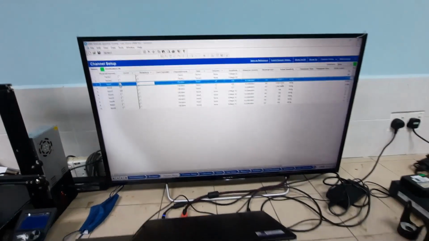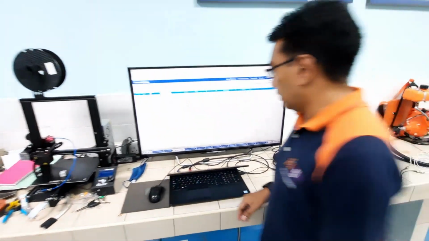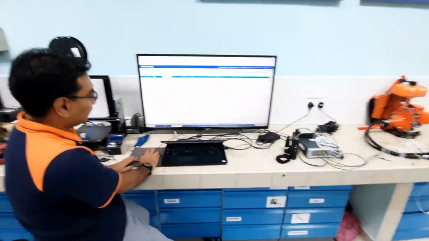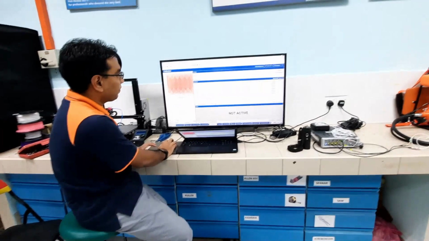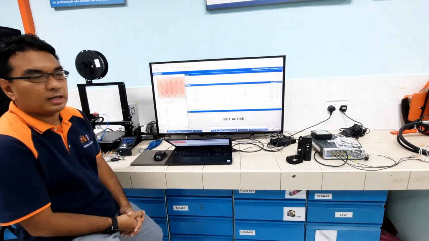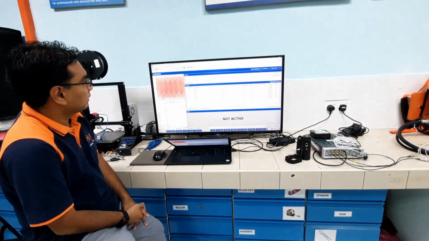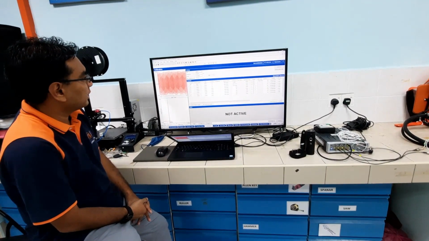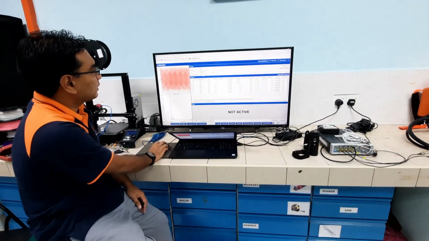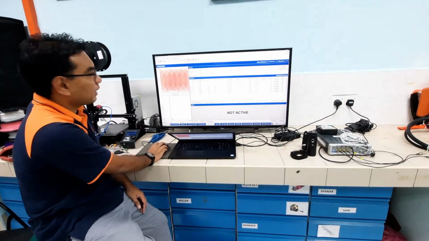And then the next step, we can go to the calibration. This is the section where we need to calibrate our accelerometer. In this section we can input the unit of this calibrator.